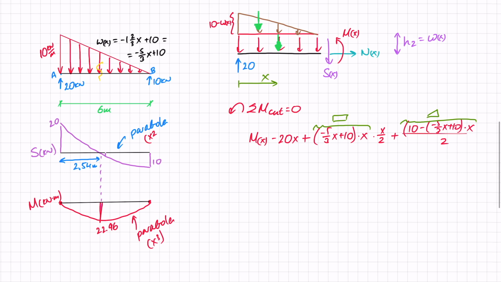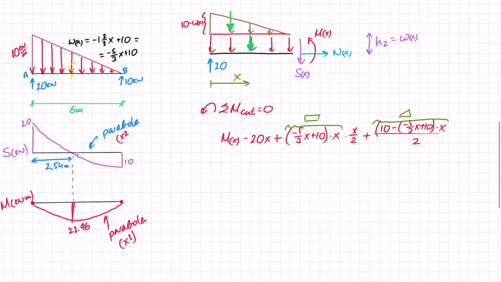And I need to multiply here by the distance from the centroid. And in this case, it is pretty simple because it's just the centroid of a triangle. So I know that it's 2/3 of x. Okay, so both of these, this one here, that is the distance, and that here is the distance. And all of this needs to equal to 0 because we're in equilibrium.